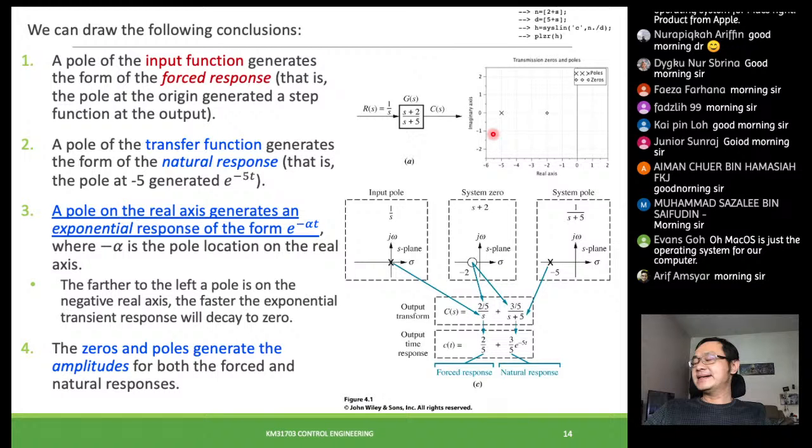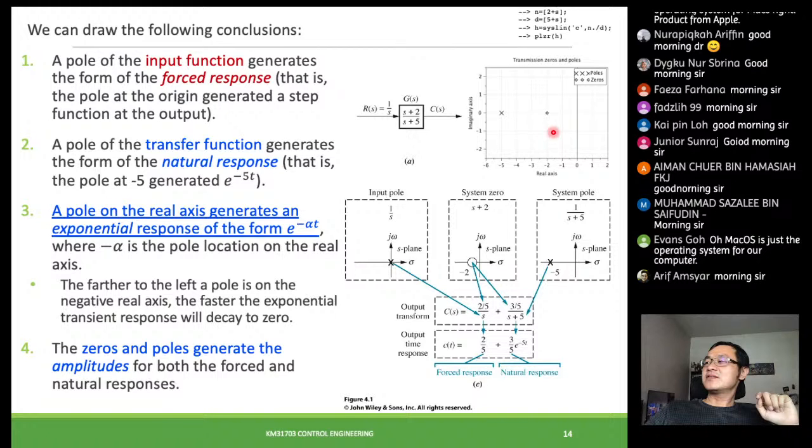First thing is we don't look at the input first. We only look at these transfer functions, where we have the system zero at -2, and our system pole at -5. So this is -5, this is -2.